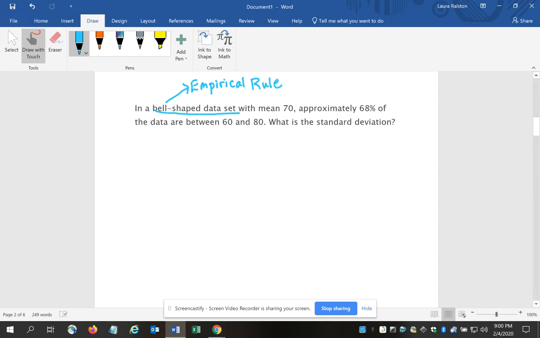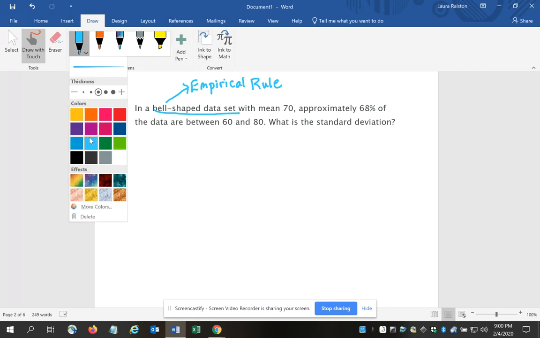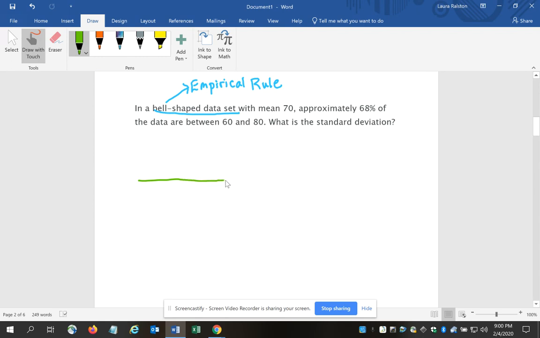If it is not a bell-shaped distribution, then you want to use Chebyshev's inequality. Furthermore, it tells me that my data set has a mean of 70, and approximately 68% of the data are between 60 and 80. It may help you to visualize what's going on here.